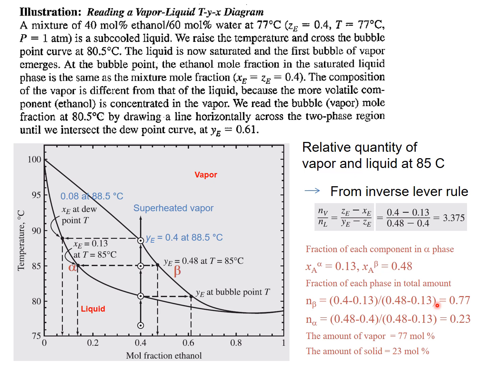How about the liquid? This length per the full length, like 0.48 minus 0.4 per 0.48 minus 0.13, then it is going to 23 mole percent, which is responsible for the liquid. That's it.